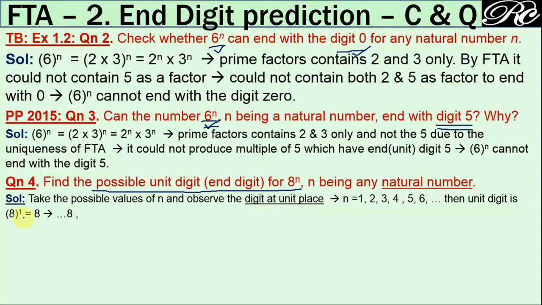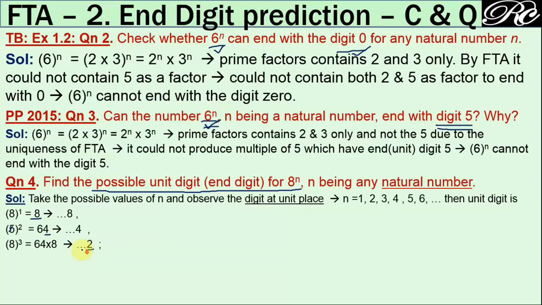If n is 1, it is 8 to the power 1, which is 8. If we take 2, then 8 squared becomes 64, the unit digit is 4. If we take 8 cubed, it becomes 64 into 8, so 8 fours are 32, the unit digit will be 2.